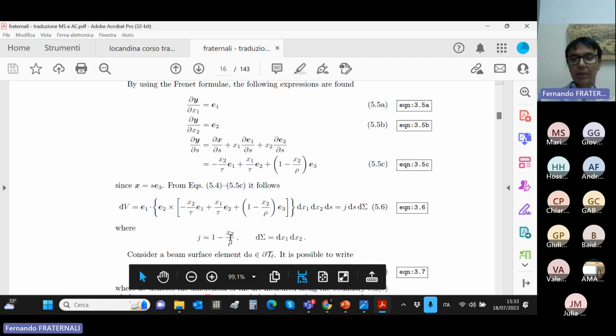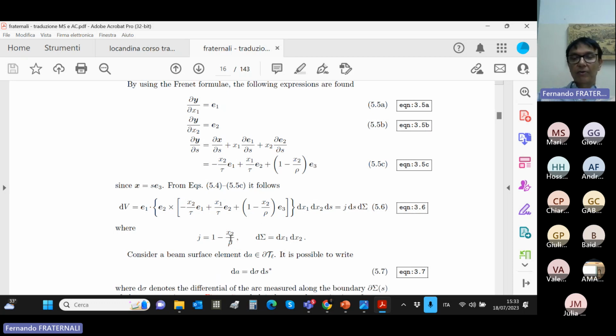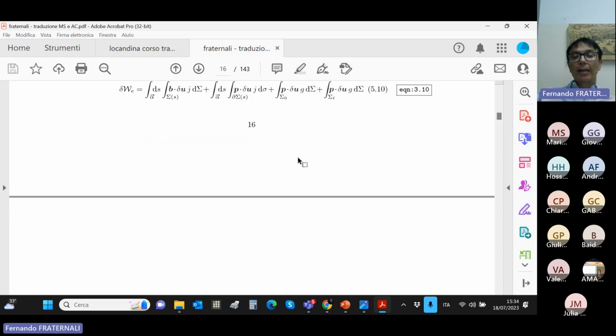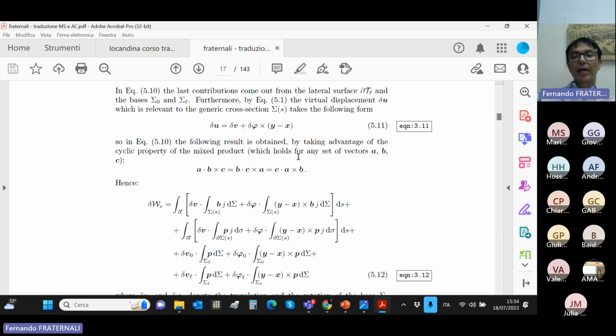We have seen this quantity even earlier, or (rho minus x2) over rho, which is the same. And so the infinitesimal volume of the beam is J times ds times d sigma. And this is also true along the lateral surface. So this is the main result I want to summarize.